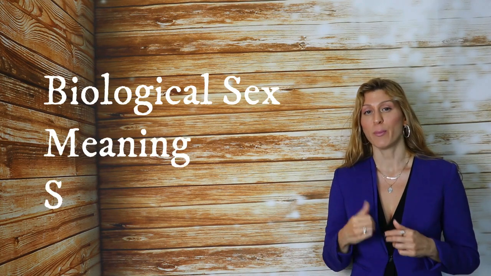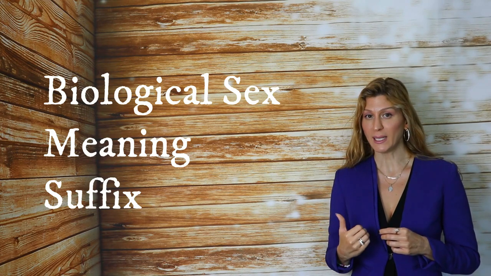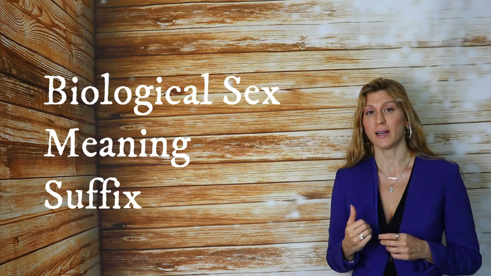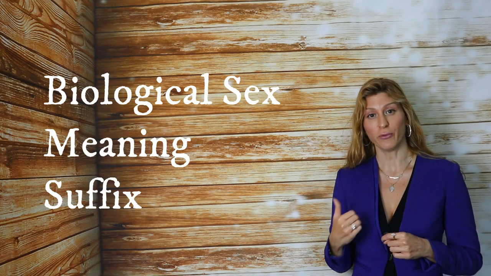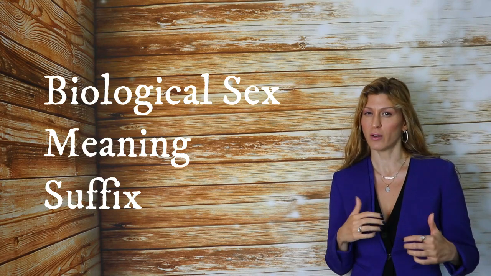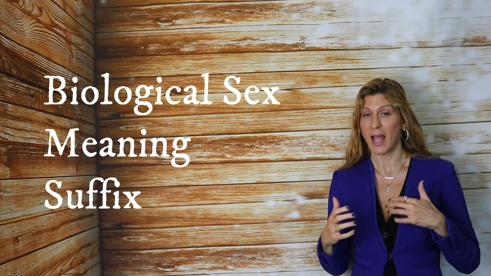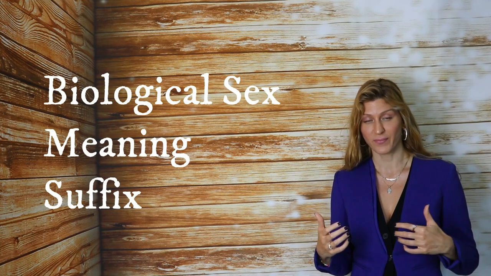And we're going to talk about three sections: biological sex, biologisches Geschlecht, meaning, Bedeutung, and suffix, the word ending, which is probably the easiest one for beginners because it's pretty straightforward and you can memorize it.